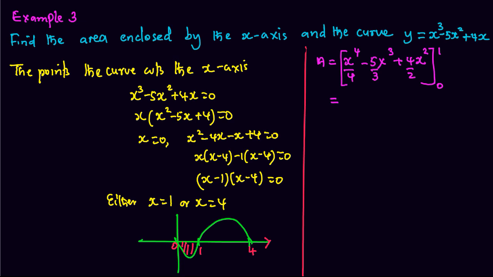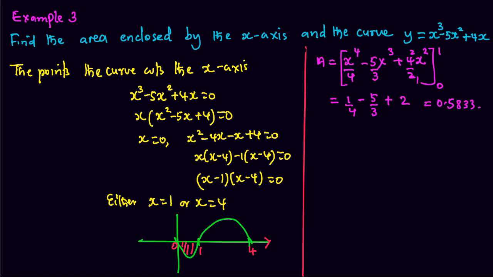This gives us a quarter minus 5 over 3 plus 2, and this is equal to 0.5833.